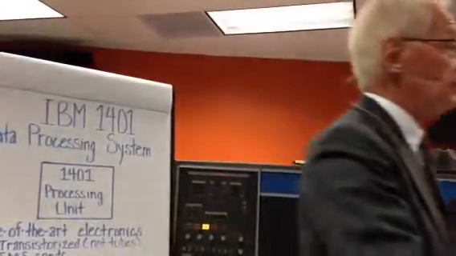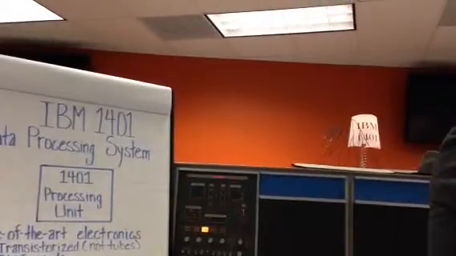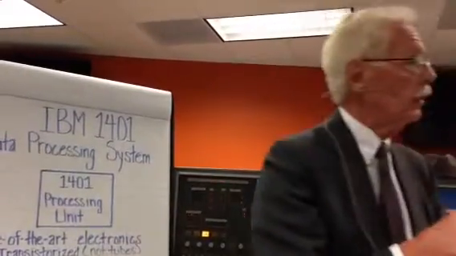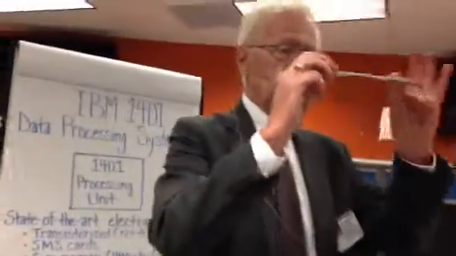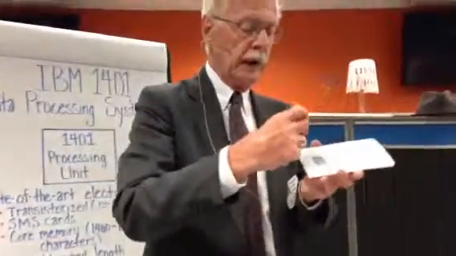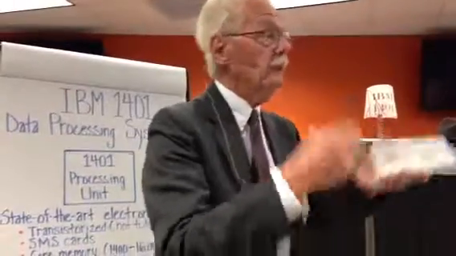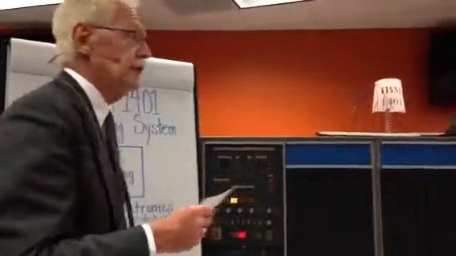Many computers today treat everything in terms of a big chunk called a word, and it takes a lot of manipulation to use that word. The 1401 uses variable word length, and you can just think of a card as coming into the computer, and if it takes 5 bytes of memory for an employee number and 20 bytes for an employee name, that's exactly what it takes. Secondly, it uses decimal arithmetic.